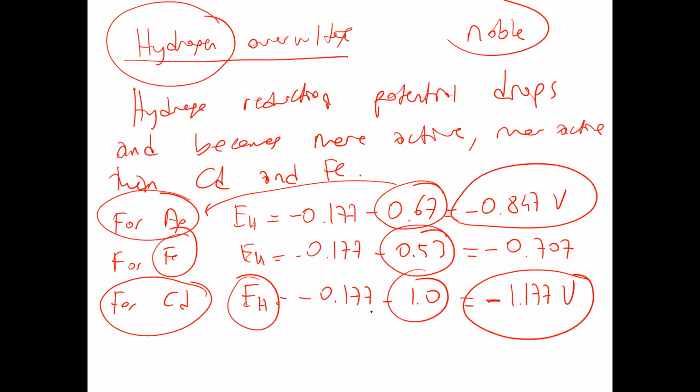And after cadmium finishes, then it comes to iron. When it comes to iron reduction, we can calculate the hydrogen reduction, including hydrogen overpotential, and it becomes minus 0.707 volt.